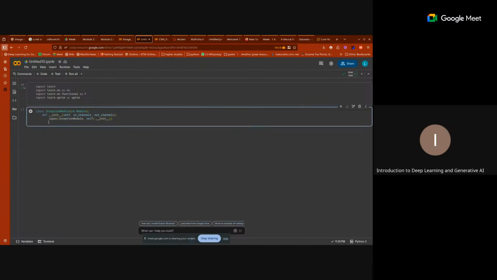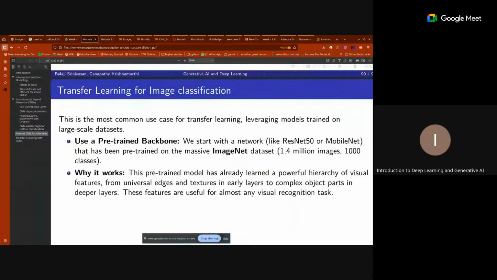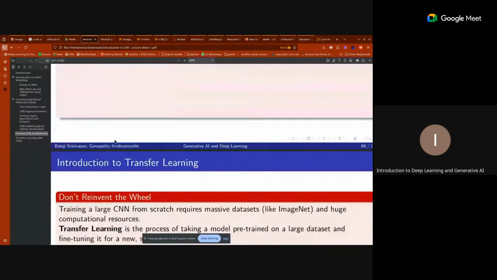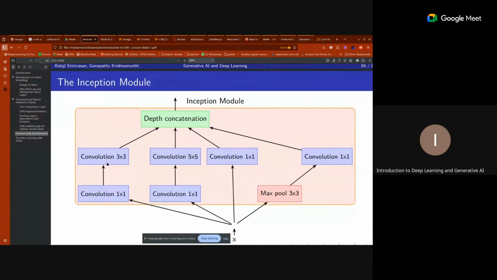Then we will set self. So in an inception module, what are the things that we need? These things, right? So convolution 5, the sizes also we need. So let's take the number of kernels in each of these ones.